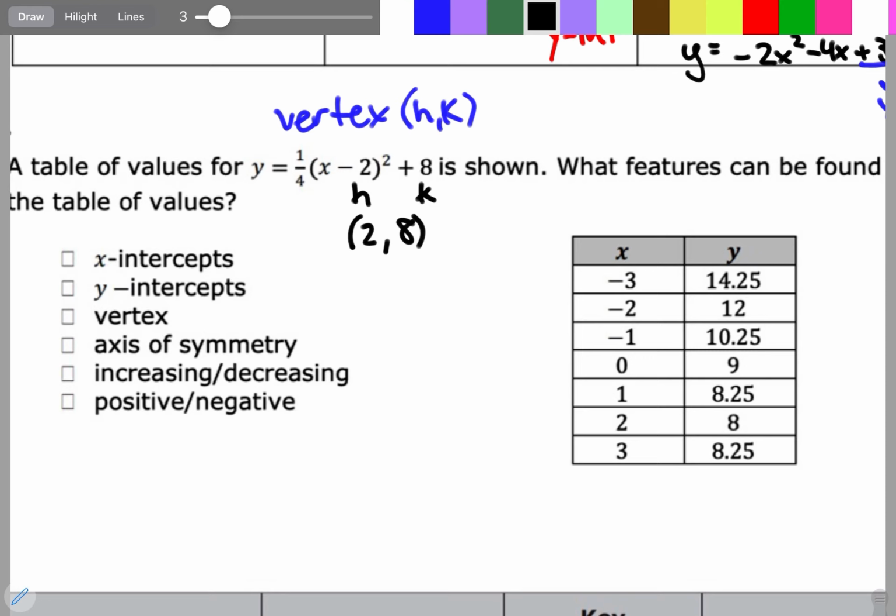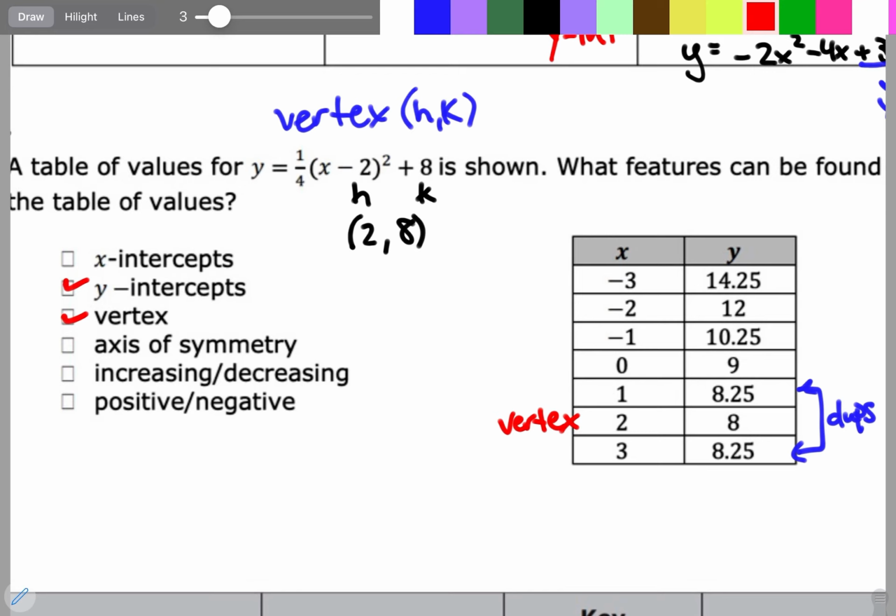And if you go over to the table right here, look who you got. You got 2 duplicates. And in between your duplicates, you should have a vertex. Easy money. So here we go. What do we have? We have a vertex. If we have a vertex, we will be able to find our y-intercept.